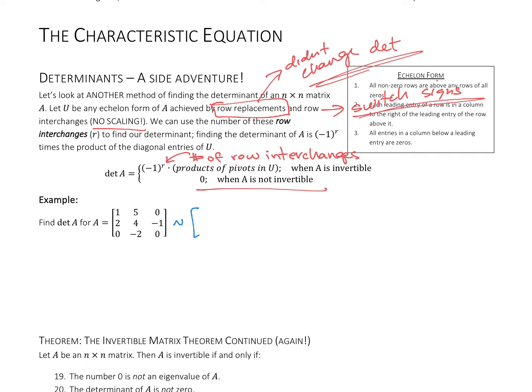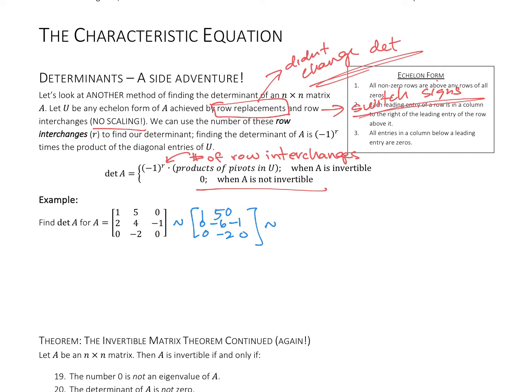That's going to give me 1, 5, 0, 0, -6, -1, 0, -2, 0. I'm not quite at a triangular matrix yet, so I still have to keep going. This time I'm going to do row 2 replaced with 3 times row 3.